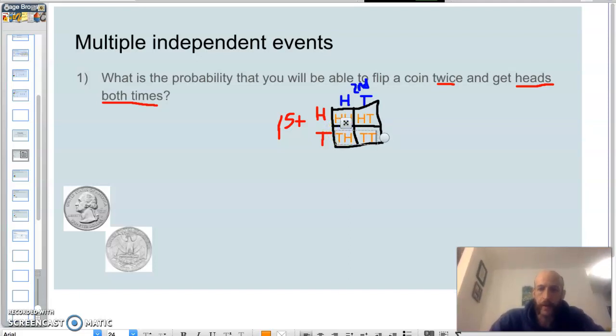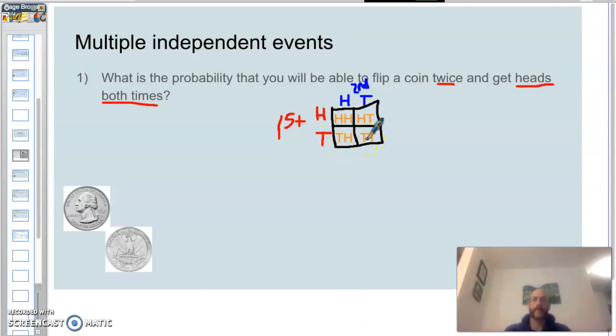So there are 4 possible outcomes: heads, heads; heads, tails; tails, heads; or tails, tails. The question is asking us, what's the probability that we get a heads both times? So I can see here I only have 1 box out of the 4 that gives me a heads both times. So the probability is 1 out of 4.